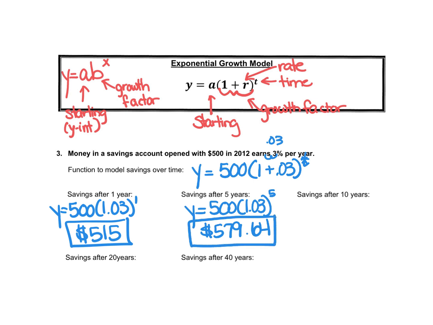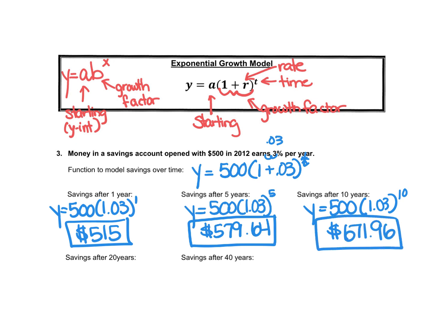After 10 years, and again, you're just going to continue to plug it into our equation, 1.03 to the 10th power, and you would end up having $671.96. And then if you continued plugging them in, after 20 years, you're going to have a total of $903.06.